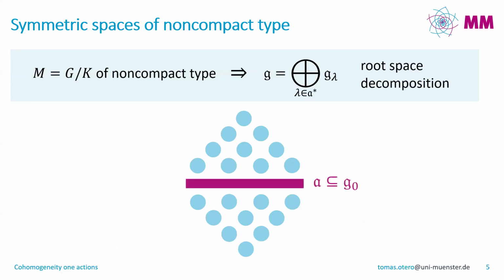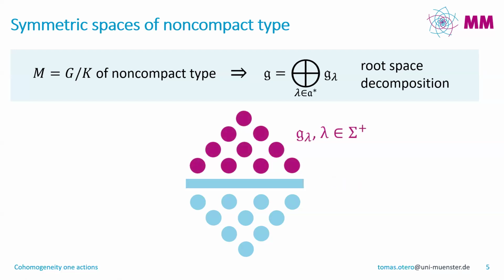The line represents the root space G0, which is the set of vectors that commute with A. The points above the line are the root spaces G lambda where lambda is a positive root.